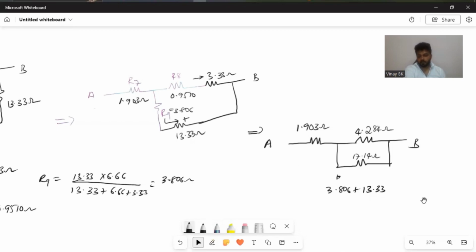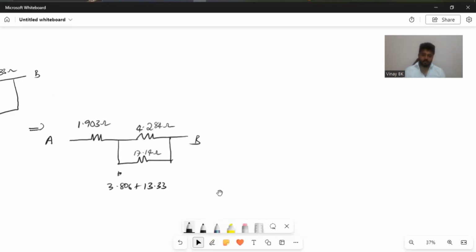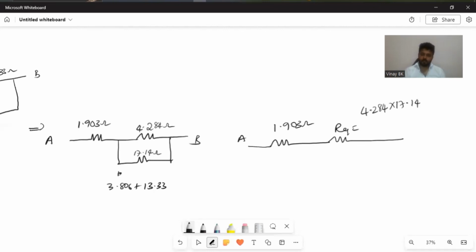So now we get the equivalent resistance between A and B. From A you have 1.903 ohm, and here you get one equivalent value of resistor. These two are connected in parallel, so the R equivalent is given by 4.284 into 17.14 divided by 4.284 plus 17.14.